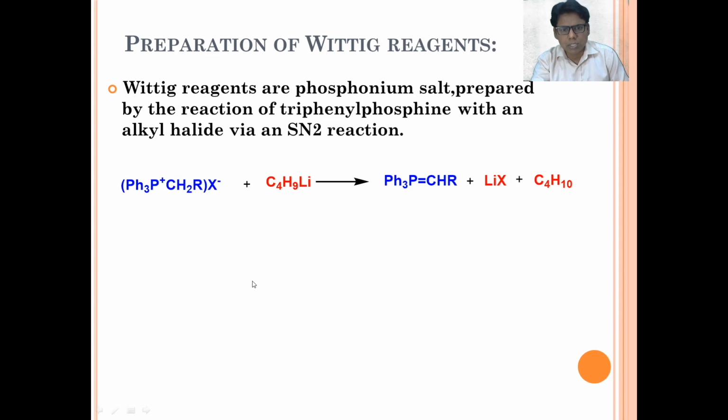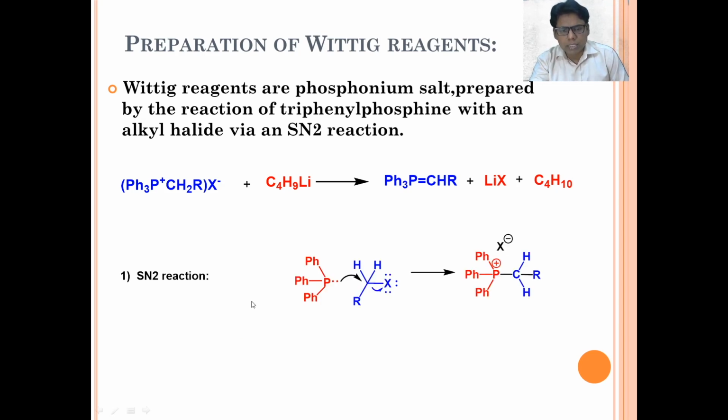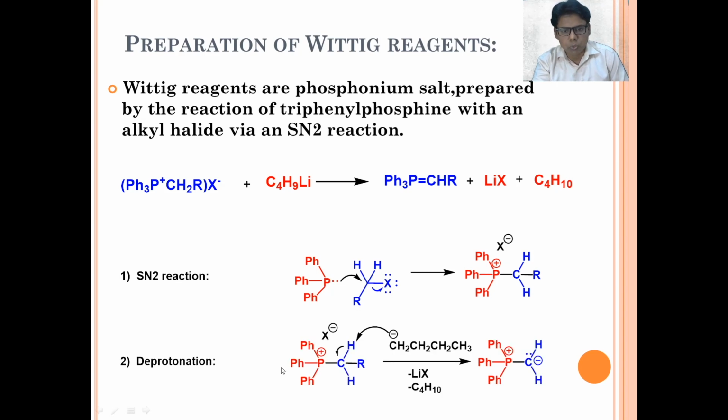The reaction takes place in two steps. Step number one is the SN2 reaction, wherein the lone pair of electrons attacks here and X is lost. This is in tune with the SN2 mechanism, backside attack. Then there is deprotonation.